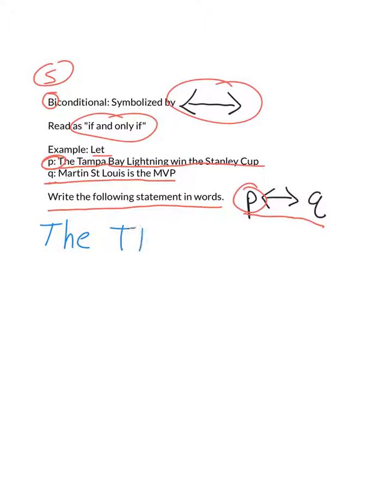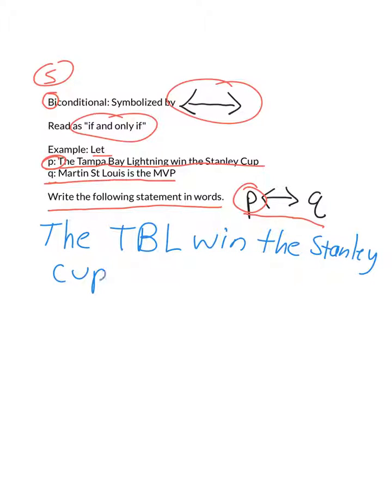And I'm going to abbreviate Tampa Bay Lightning TBL. So the Tampa Bay Lightning win the Stanley Cup. Check. As soon as I hit that biconditional double arrow, insert the entire phrase, if and only if.